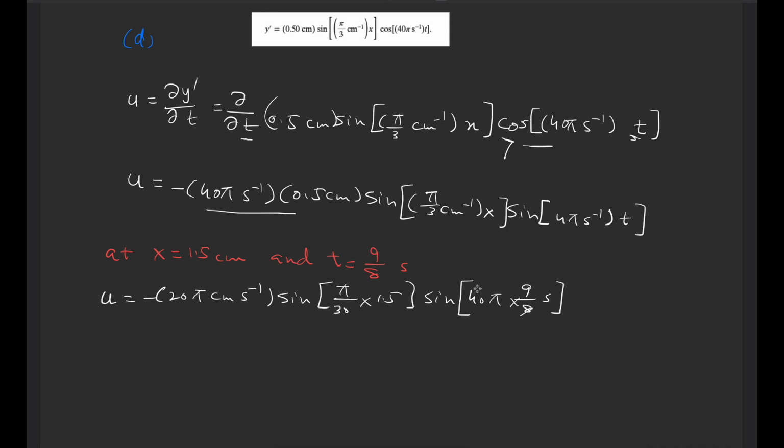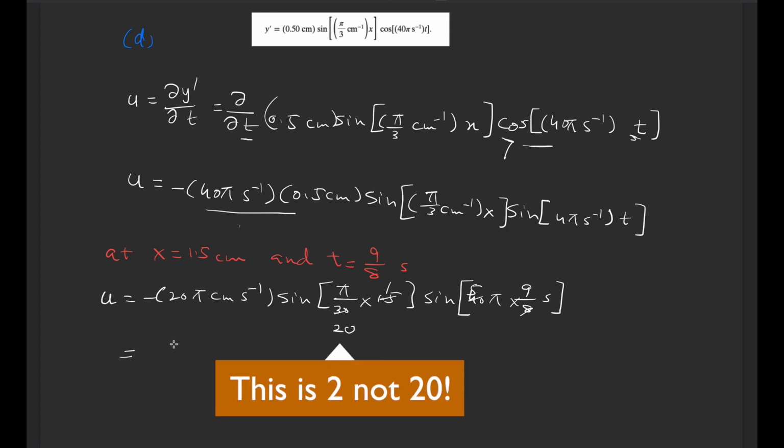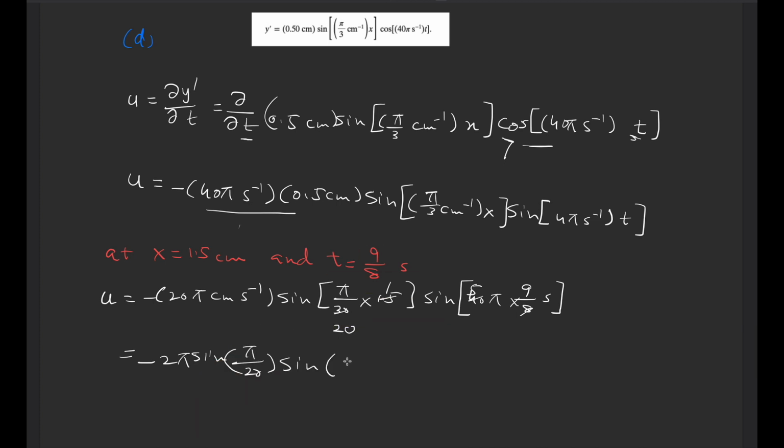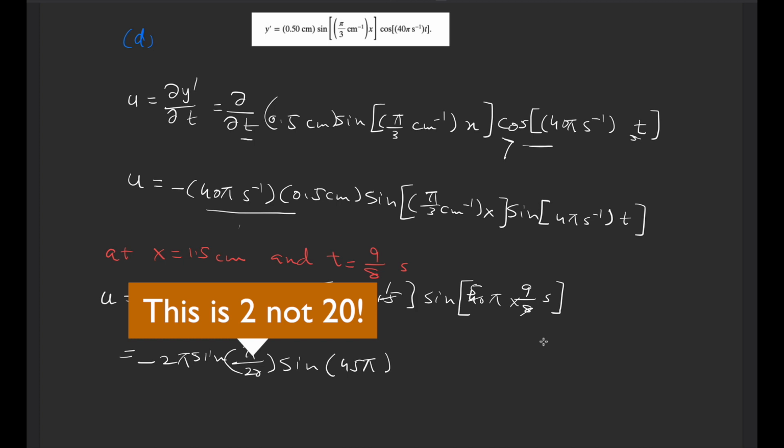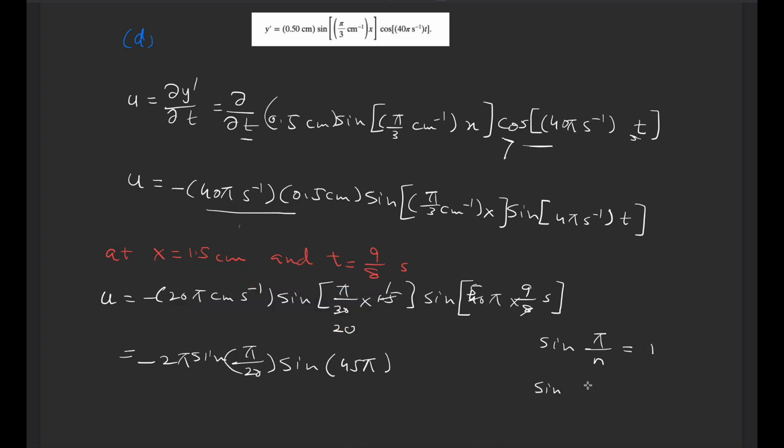Multiplying 9 by 8 with 40, we will get 45, and pi by 3 with 1.5 will become pi by 2. So u will be equal to minus 20 pi sine of pi by 2 sine of 45 pi, and we know that sine of pi by 2 is equal to 1, but sine of n pi is equal to 0, where n is any integer, 1, 2, 3, 4, 5.